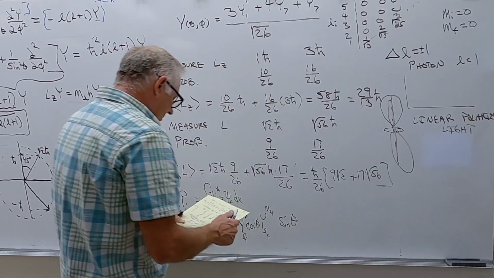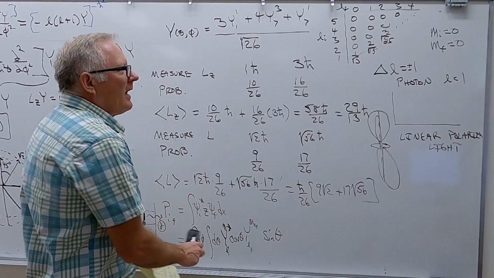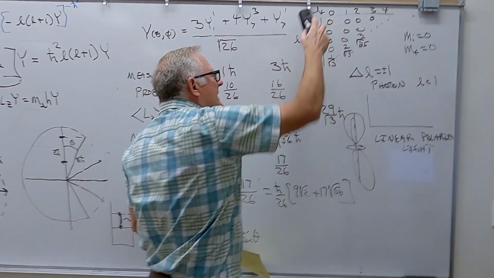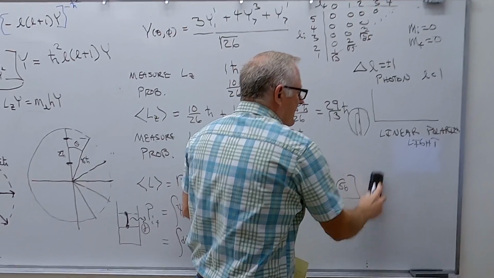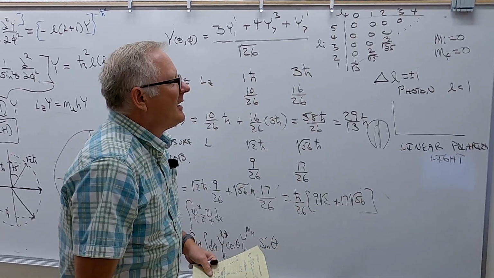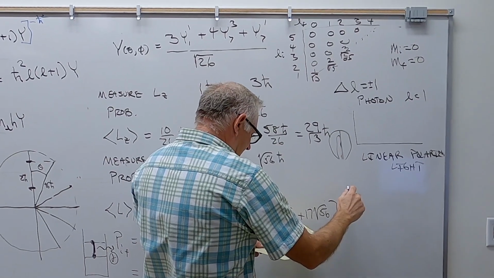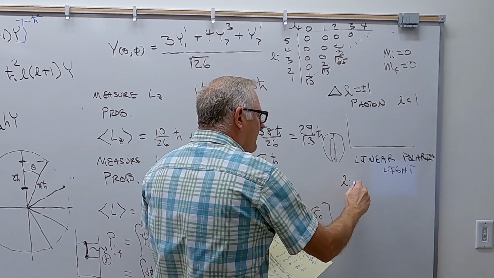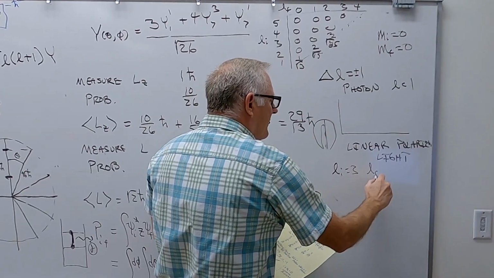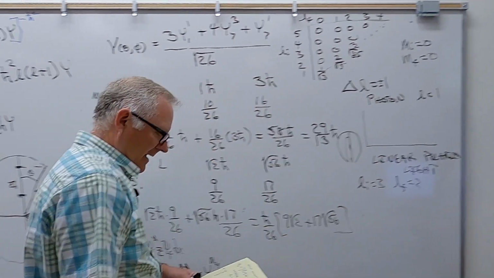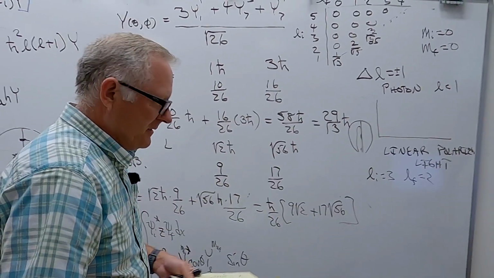Well, what you can do is go back and make another table just like this, except since you have to drop by 1, let's let L initial be 3 and L final be 2. Okay. And now let's vary the M's.